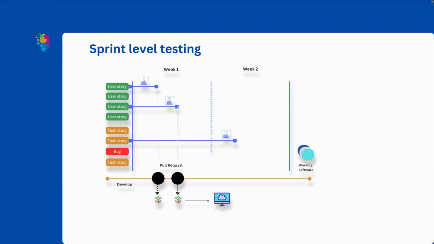At certain point, a developer would finish his story and raise a pull request to get it merged into develop. As and when the pull request is approved, merged to develop, it generates an artifact or a build, you can say, from a build pipeline. That build you deploy into your test environment and you perform your sprint testing activity.